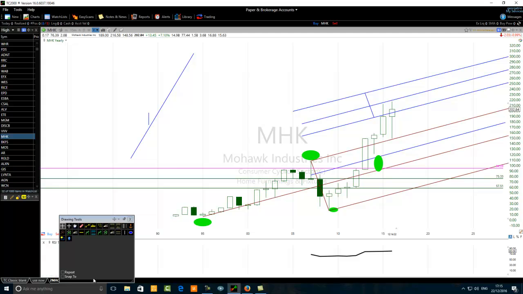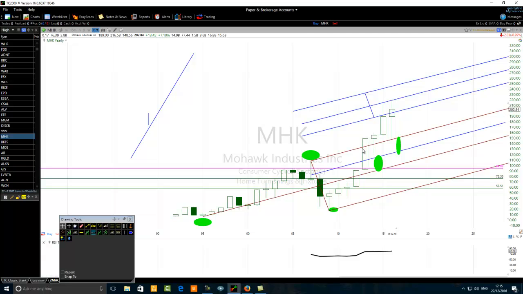Now, the next place that you want to buy is near the edge of the upper line of Pitchfork 2. This is the upper line. So you see, we bought it here, then it pushed up, okay? Now we bought it here, and then it pushed away. So when it ran away from the upper line, this is what I'm calling the upper line of Pitchfork 2.